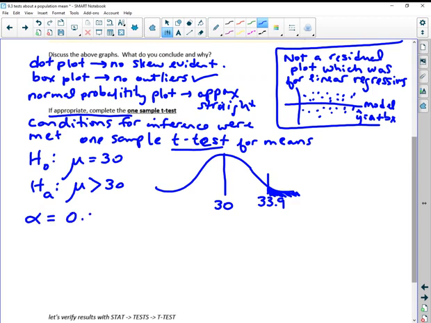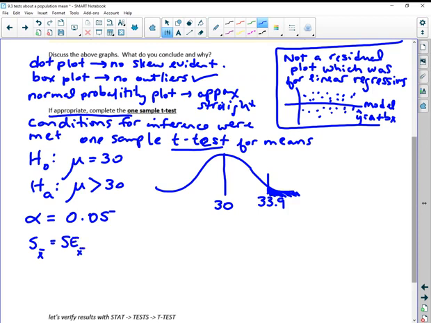At the alpha equals, let's see, what level did they say in the problem? They didn't give us a level to do this test at, so I'm going to use my favorite value, the 0.05 level. And I do not have a known standard deviation, so I'm going to do my standard error, which on your formula sheet you can see that they have this symbol. I also like to use this.